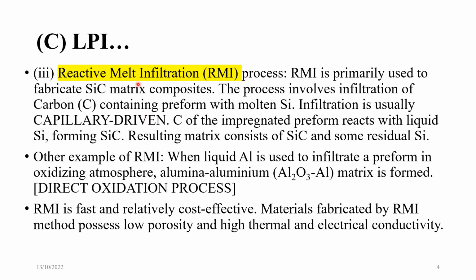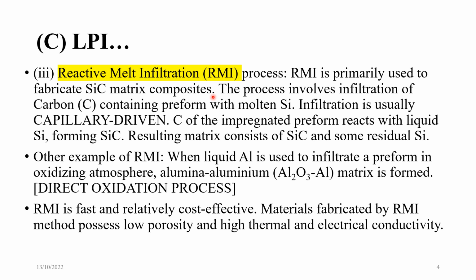Now, reactive melt infiltration. What is it? RMI is primarily used to fabricate silicon carbide matrix composites. Now we have seen silicon carbide matrix composites can be manufactured using the chemical vapor infiltration process. It can be manufactured using the PIP process, that is polymer infiltration and pyrolysis.